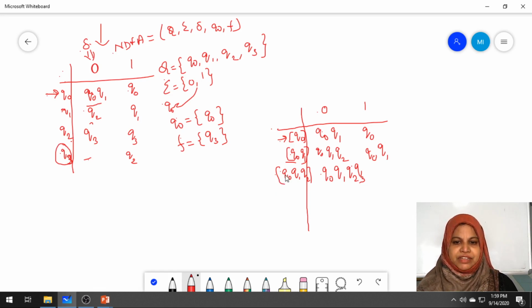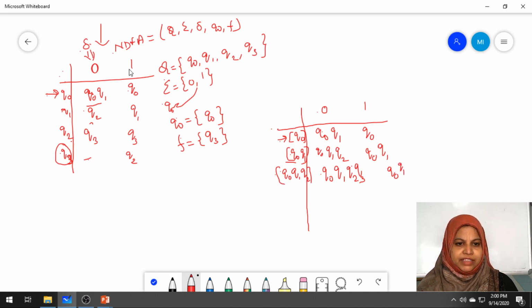Now go for the input 1. Q0 on 1 is Q0. Next, Q1 on 1 is Q1.